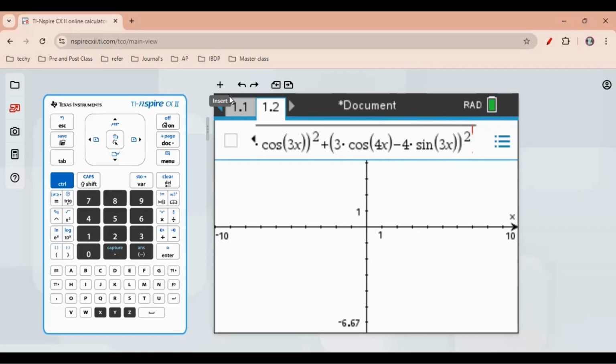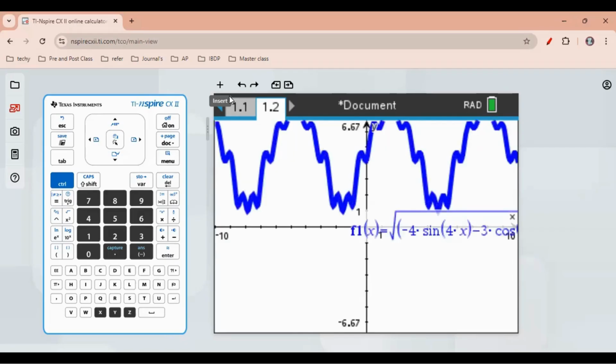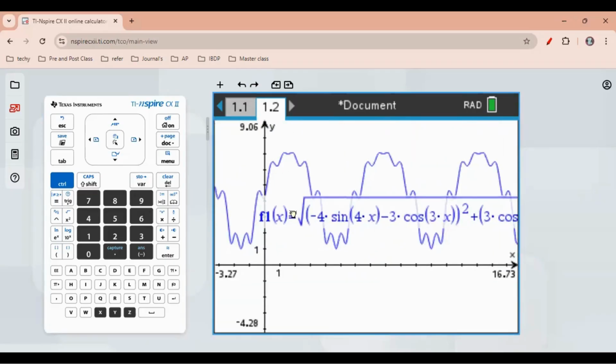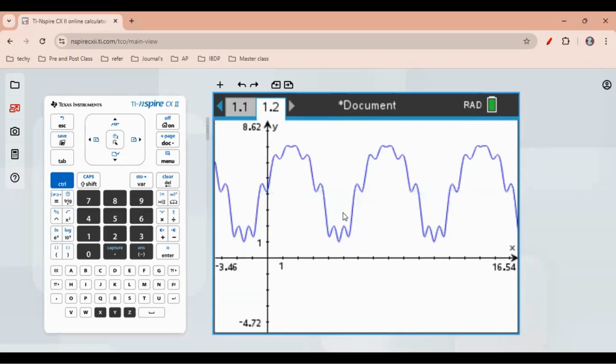Okay, we have given all this, so check that and we can just click enter. We got a beautiful graph over here, and I'm going to work with this graph. So this is distance over time, and we need to do it from 0 to 10.